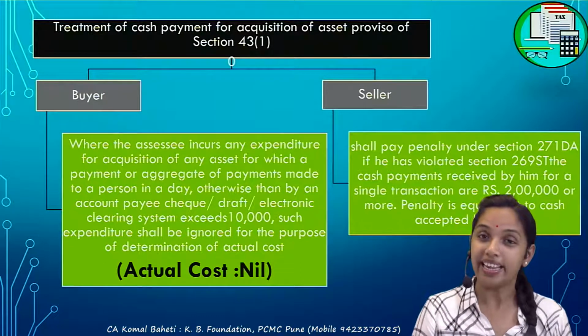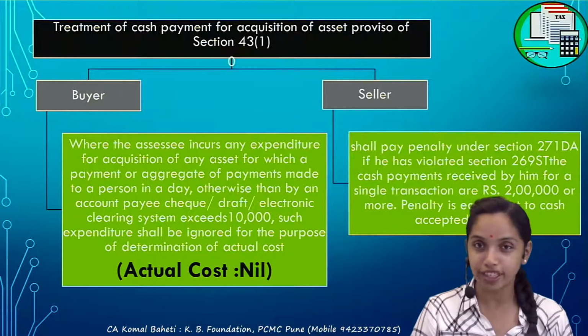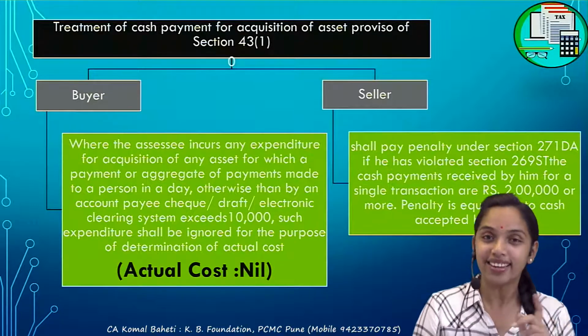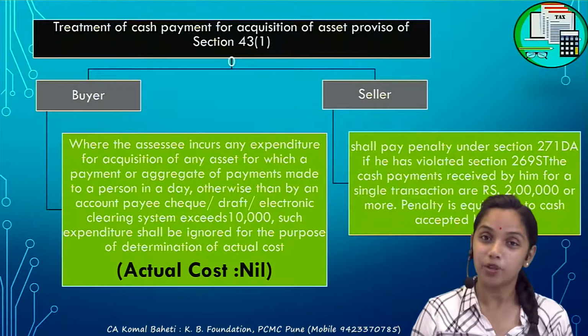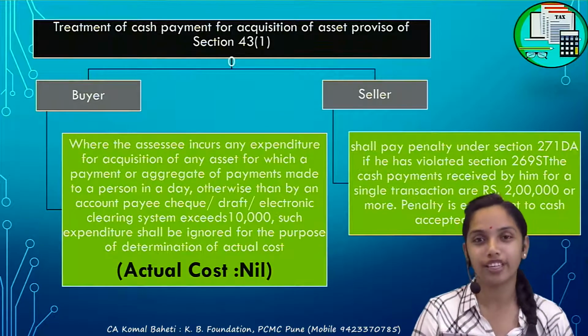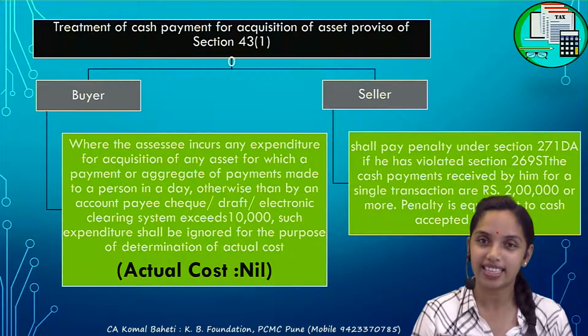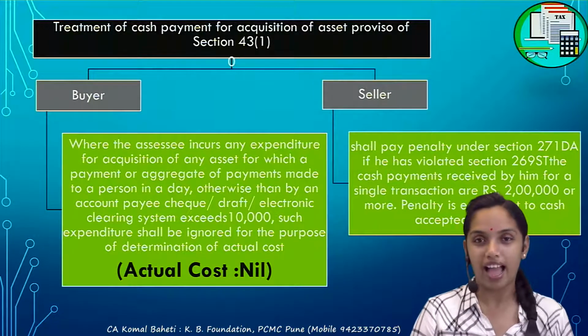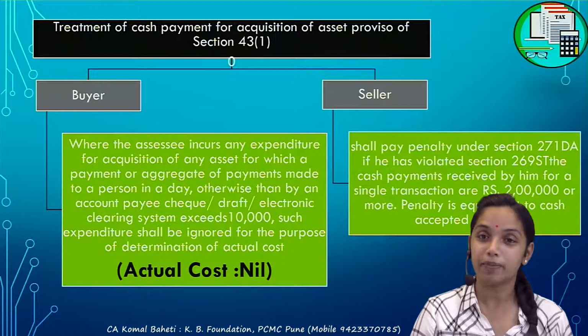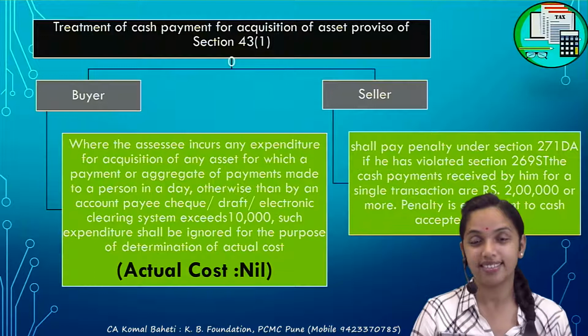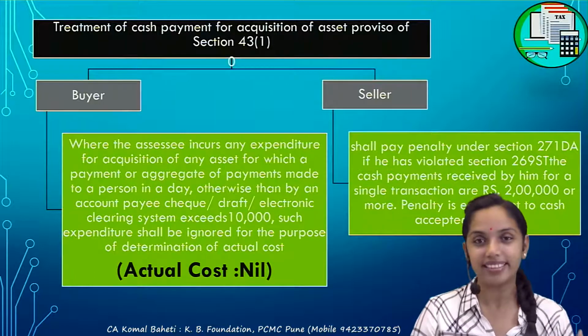So ultimately, in a day, how much amount had you paid? 50,000. So that exceeds 10,000 in a day. Correct? So you are violating the Proviso to 43(1), and 43(1) says that it cannot become part of the actual cost. Clear with it? Because the cash payment in a day to a single person exceeds 10,000.